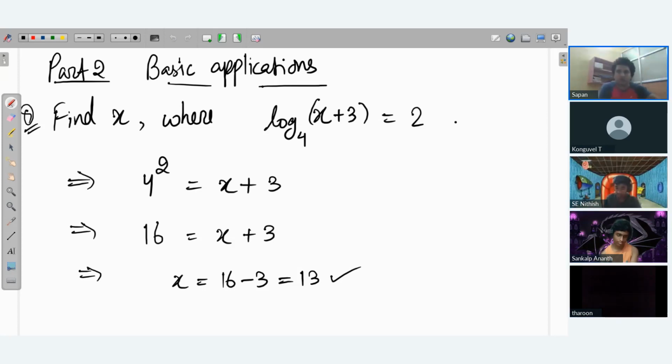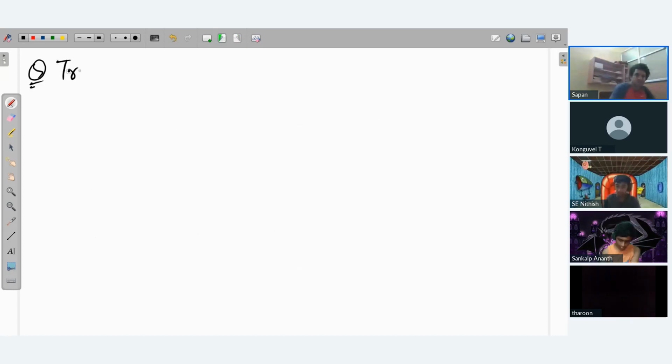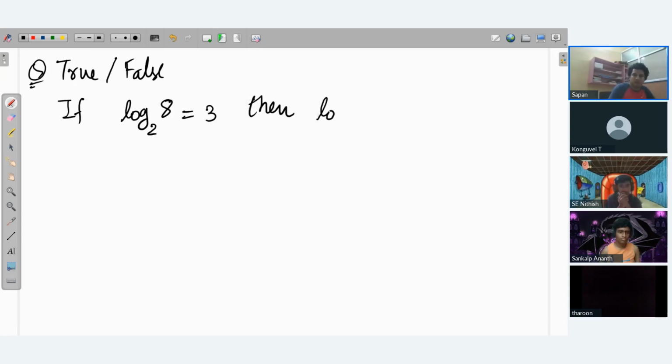So, true or false? If log 8 on base 2 is equal to 3, then log 2 on base 8, is it 1 by 3?